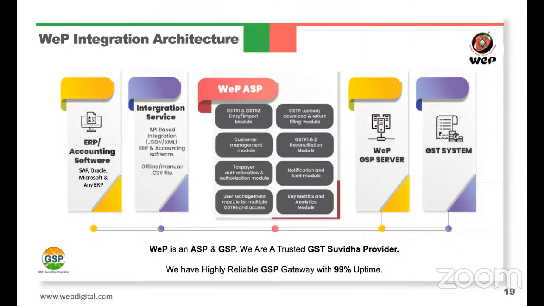For integration, it will be done using the API, and any accounting software you have, like Oracle, Dynamics, SAP, Tally, or a custom-based ERP application, can be integrated with our ASP and GSP services.